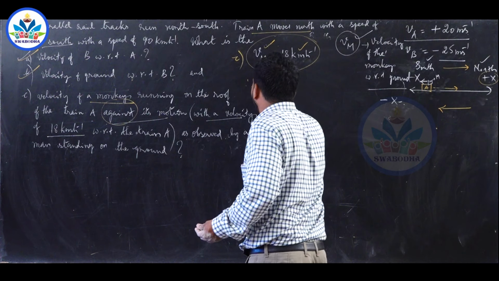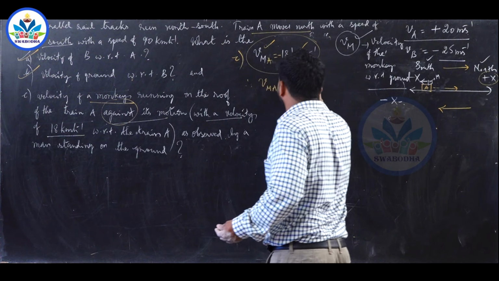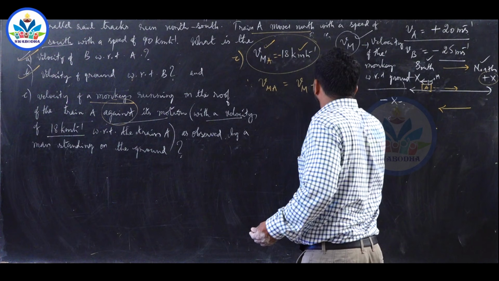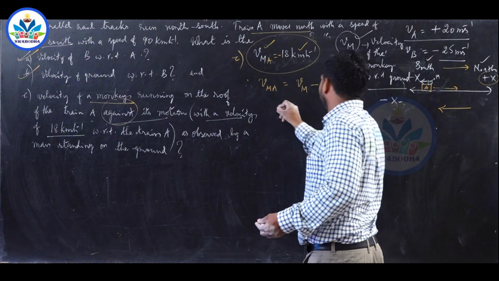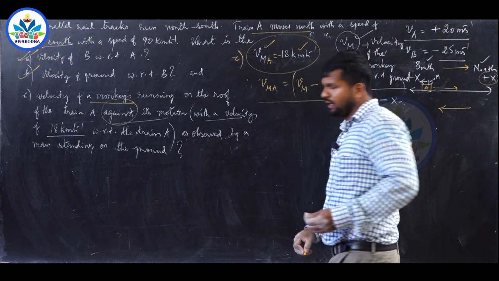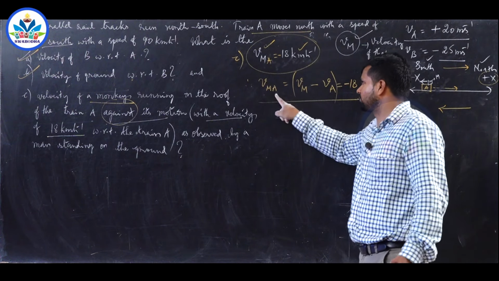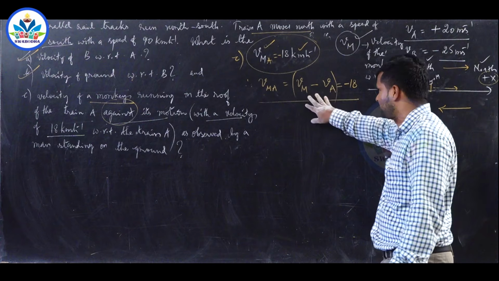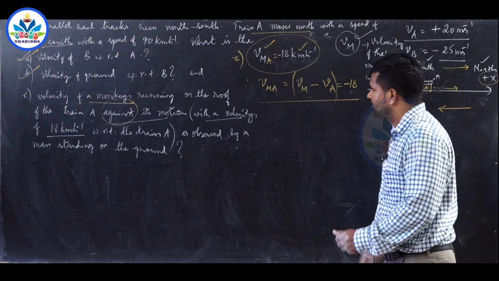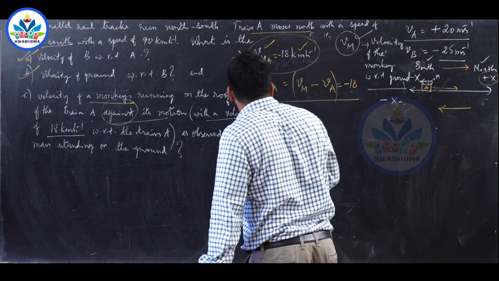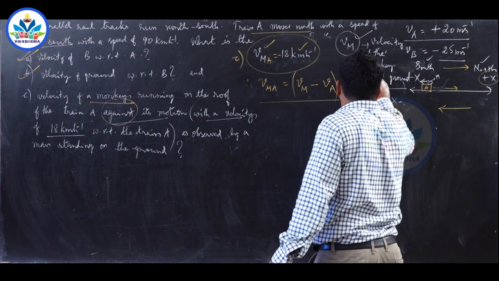What is Vma? We know that Vm minus Va is equal to minus 18. This is given. Vma, that is the velocity of the monkey with respect to train A, is Vm minus Va. This is the formula, which equals minus 18 km per hour.